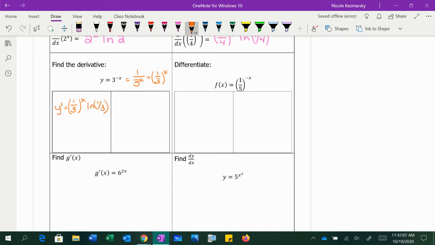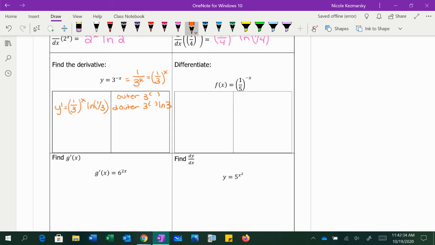I could also treat this like the chain rule because it's 3 to something other than x. So I could say that my outer is 3 to the something, and the derivative of the outer is 3 to the something natural log of 3.